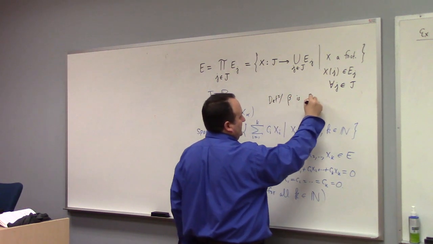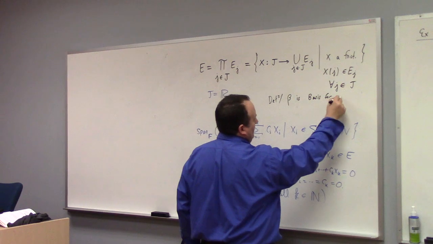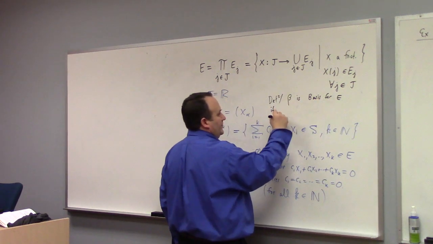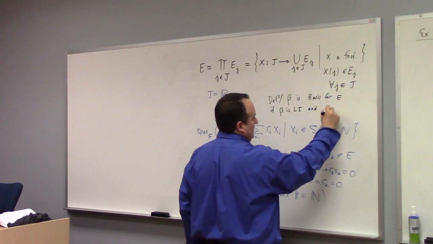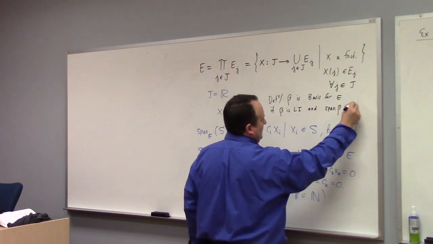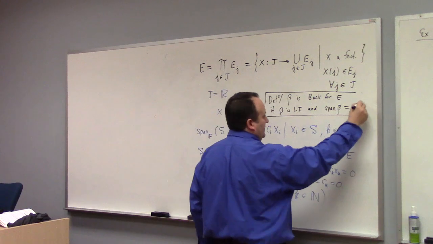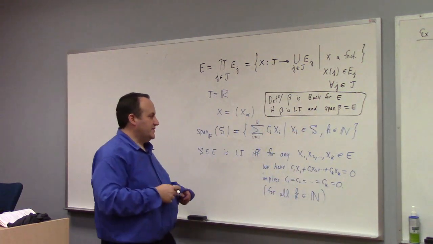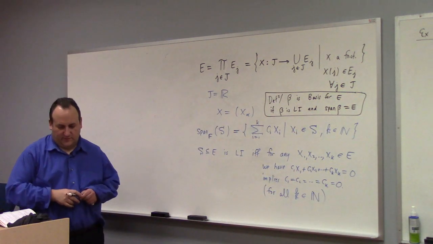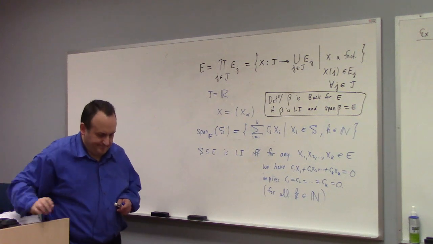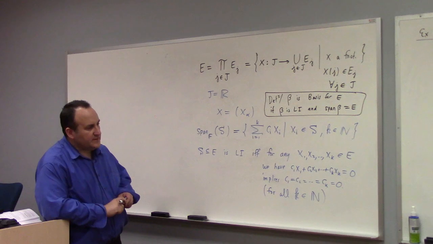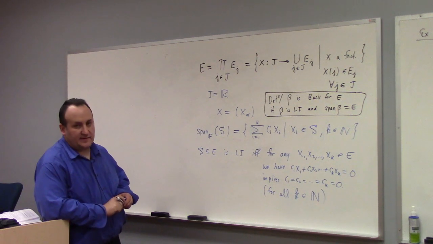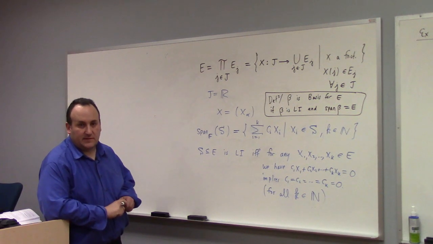Beta is a basis for E if beta is linearly independent and the span of beta is equal to E. And then one of the big theorems of linear algebra, which unfortunately sometimes doesn't get proved in linear algebra, is that if your vector space is finite dimensional, then that dimension is an invariant of the space.